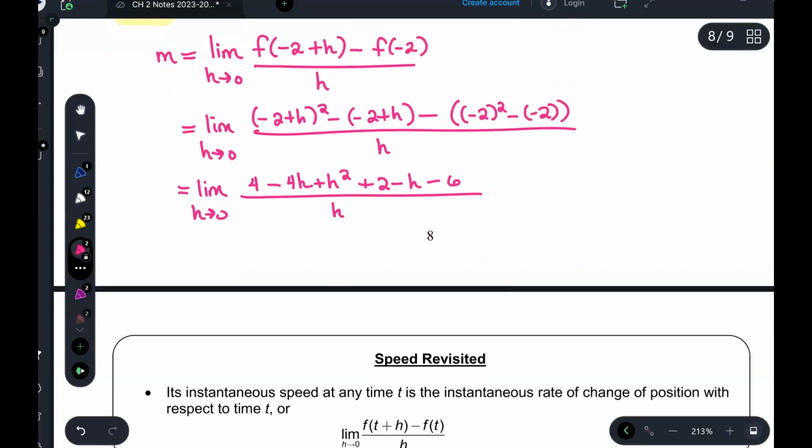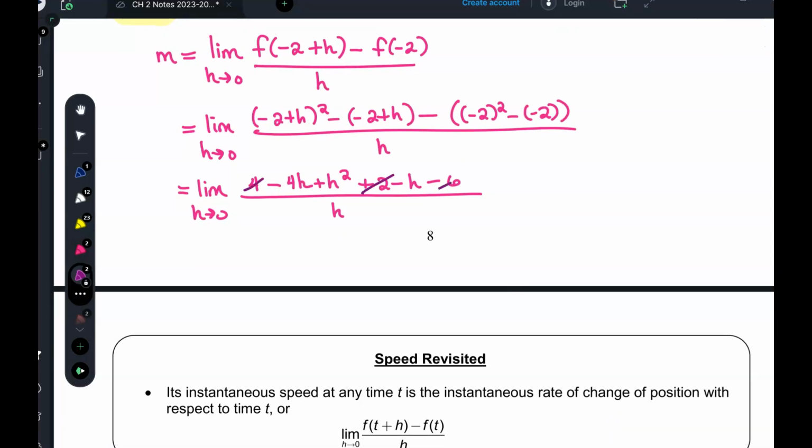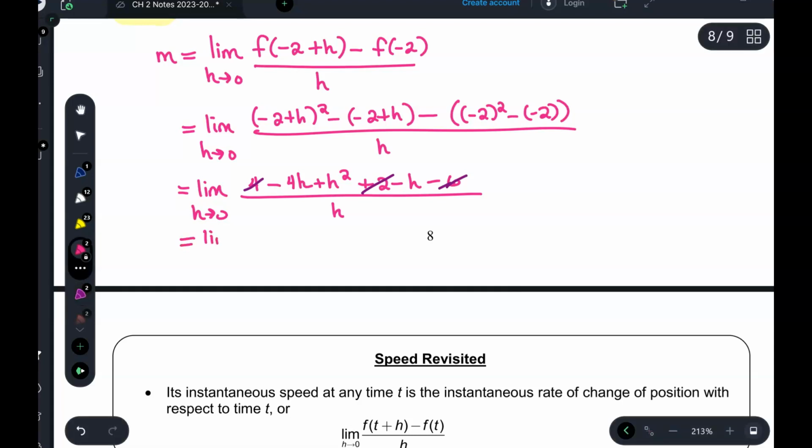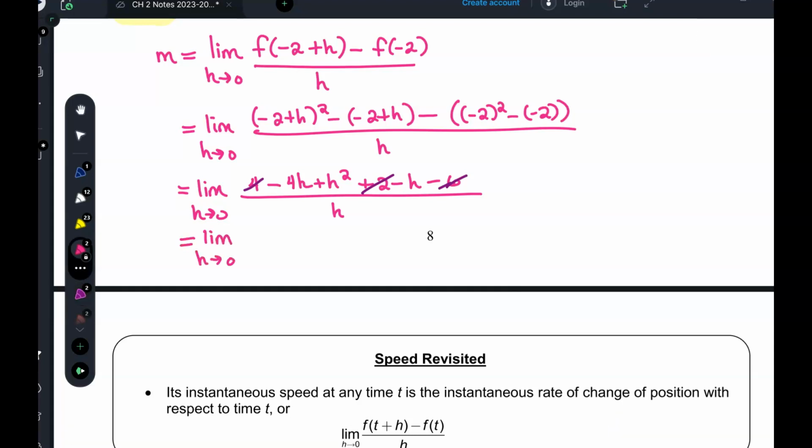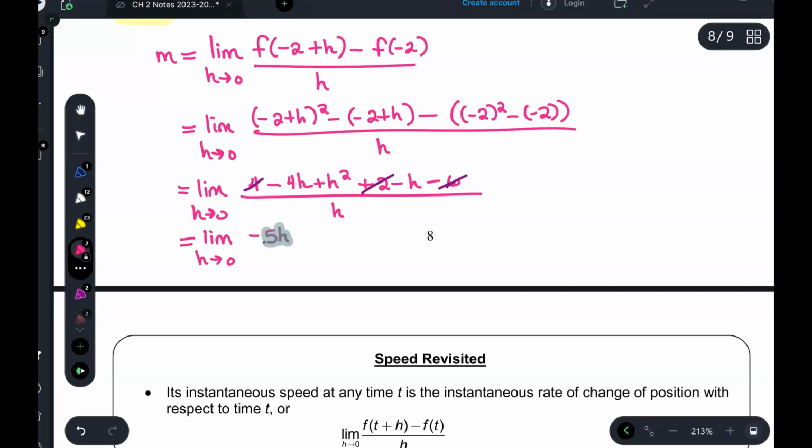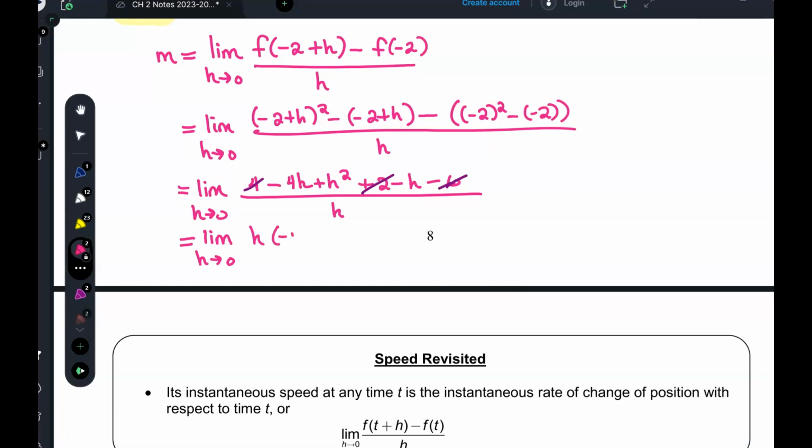And then, all of this, the 4 plus 2, will cancel, and we get 6. I was supposed to get -5. Yes, it should be -5. I'm going to factor out the h here. So I'll have -5 plus h all over h, cancel, so you get -5.